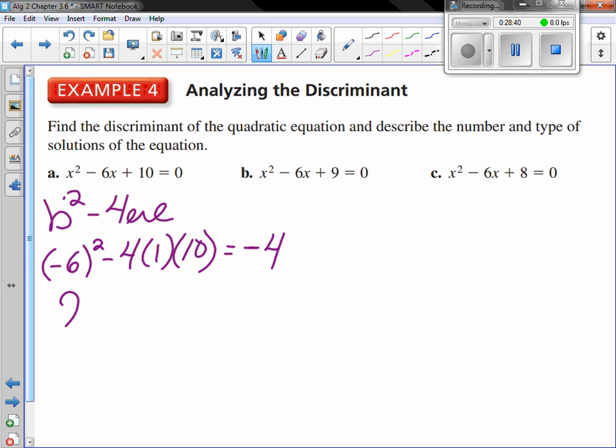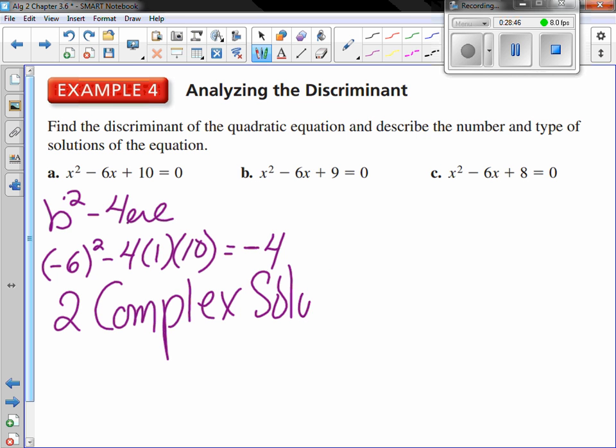We're going to have 2 complex solutions because the discriminant is less than 0. If it had been equal to 0, we would have 1 real solution. And if it's greater than 0, we would have 2 real solutions.